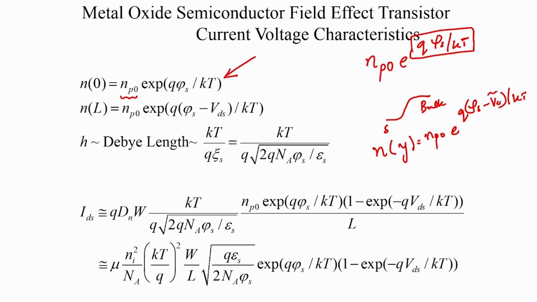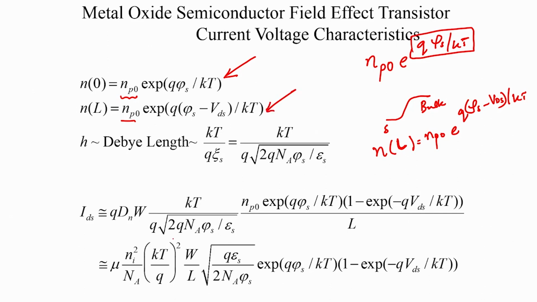There is no channel here, but it is the potential gradient as you go from source to drain. Near the drain side, this would simply be VDS. So at y equal to L, n of L is simply NPO into exponential of q phi s minus VDS by kT.